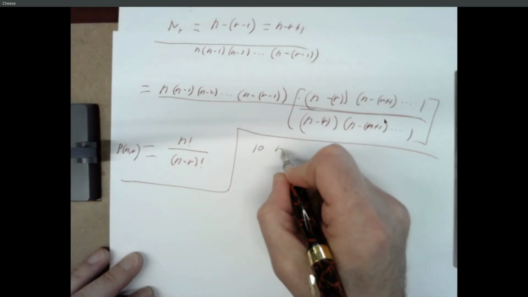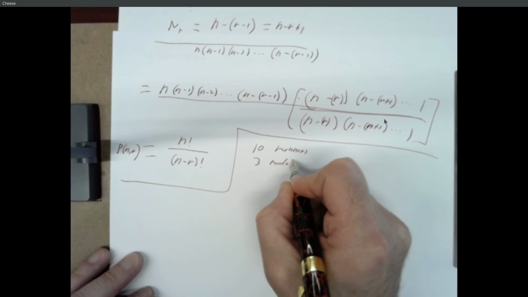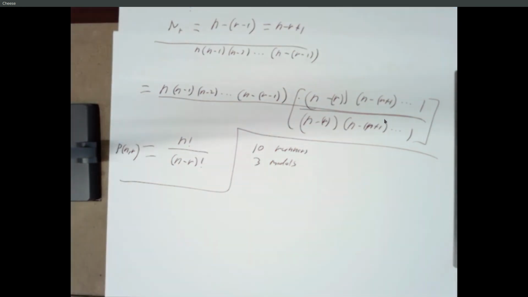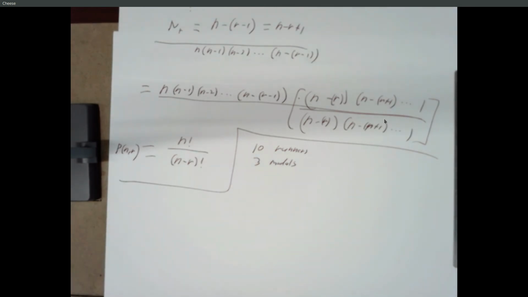So you have 10 runners, and we have 3 medals. You've got gold, silver, and bronze medals. How many possible ways can those medals be awarded? Somebody's going to be selected from these 10 to get the gold, somebody's going to get the silver, somebody's going to get the bronze. So the question is, how many ways can we arrange 3 people out of 10?